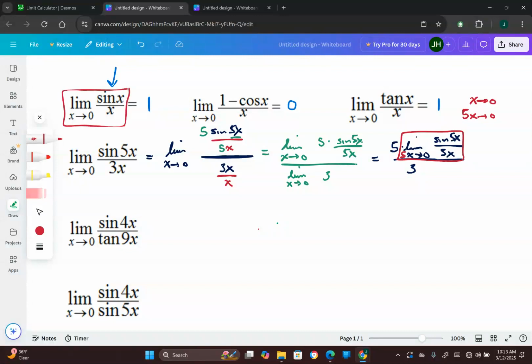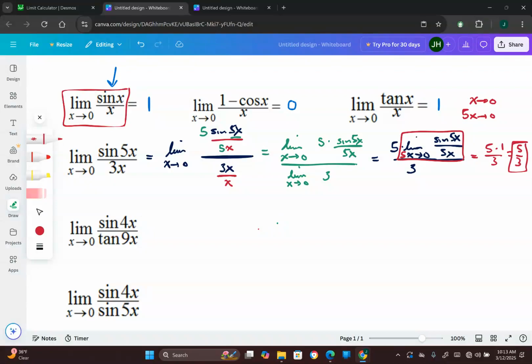It doesn't have to be x. It could be y approaches 0, sine of y over y. It could be m approaches 0, sine of m over m. Well, this one is sine of 5x over 5x, and 5x is approaching 0. So that limit is 1. This limit is 5/3.